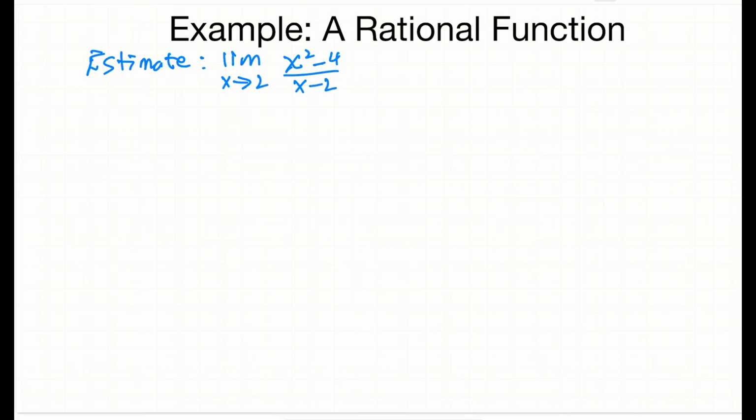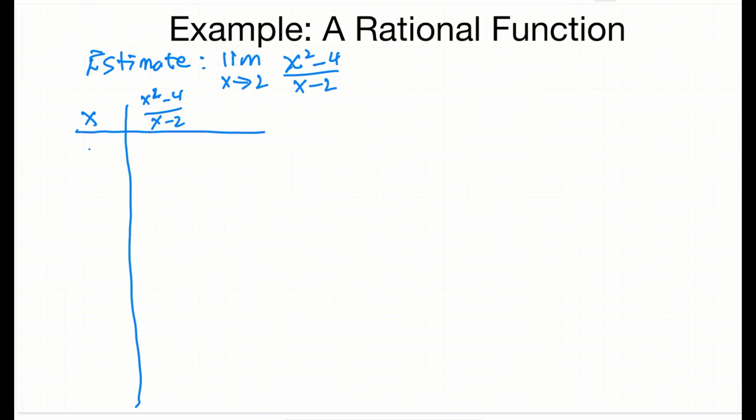Just like we described in that procedure, we want to calculate x, and then over here calculate the value of the function, x squared minus 4 divided by x minus 2. The point of interest is 2, so a is going to be 2 in this case.